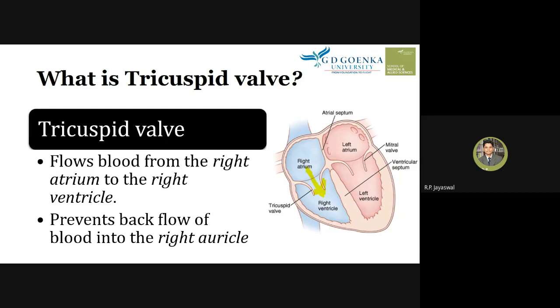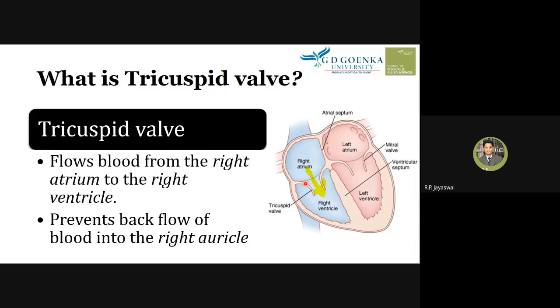But in an abnormal condition, there is a backflow of the blood from the right ventricle to the right atrium. This is the abnormal condition where the disorder occurs, when there are abnormalities of the tricuspid valve. Normally, the tricuspid valve prevents backflow of the blood into the right atrium.